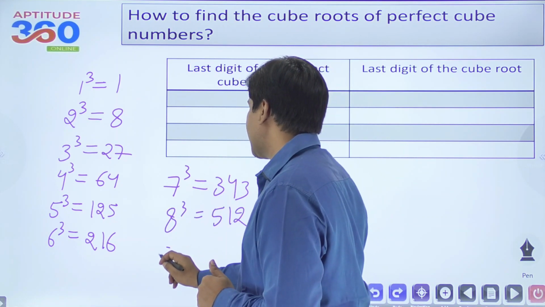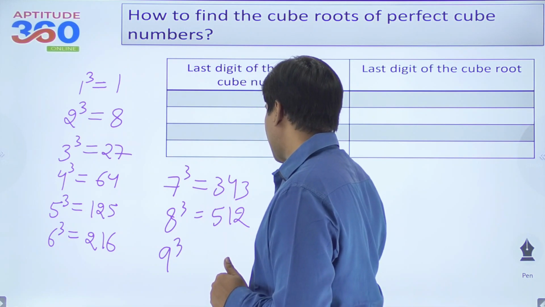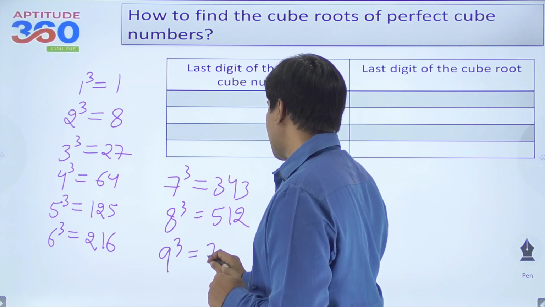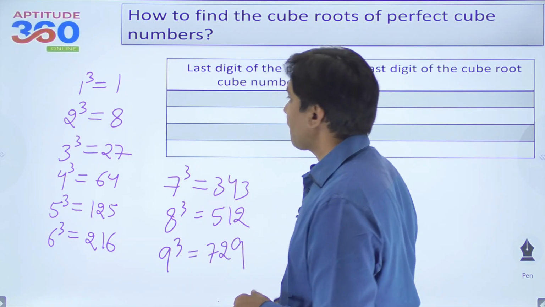And then we have to do only 9 cube, which is 729.